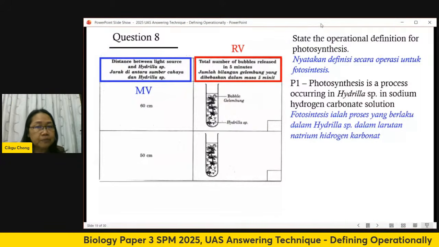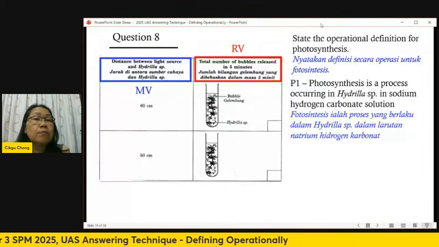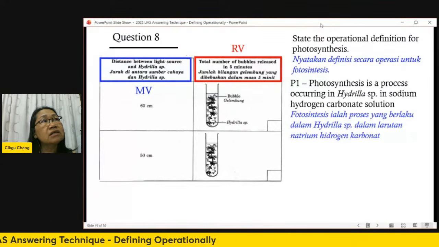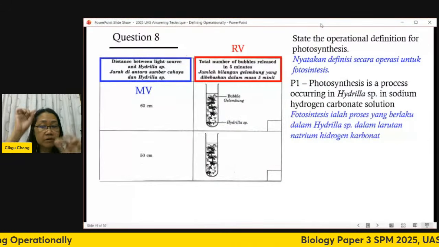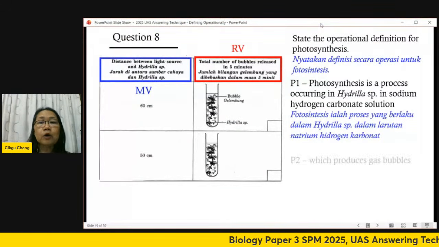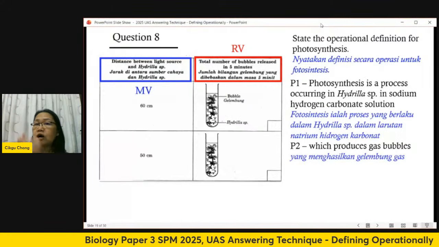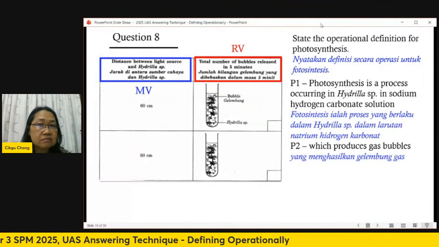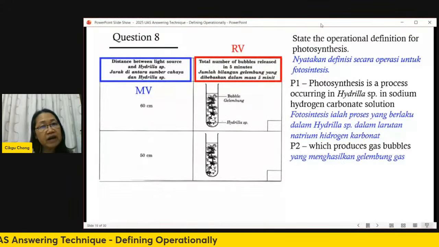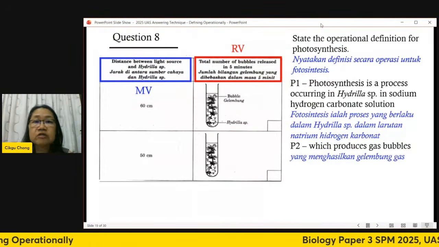And point 2, shown by what? Your photosynthesis is shown by what? How do you measure how fast or how slow your photosynthesis is? You see the number of bubbles. Point 2: it produces gas bubbles. Whether you got photosynthesis, you see the bubbles, because the bubble is oxygen. Oxygen is produced, so when bubbles come out, you know that there is photosynthesis.